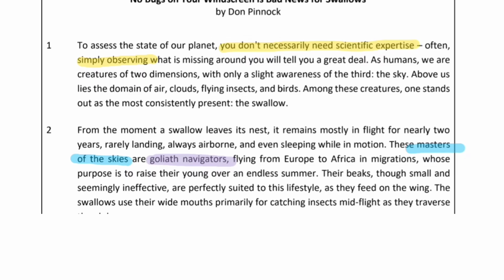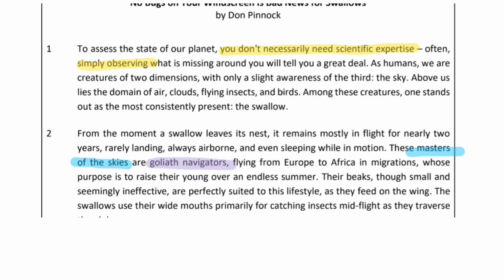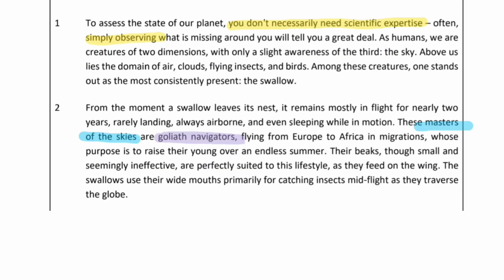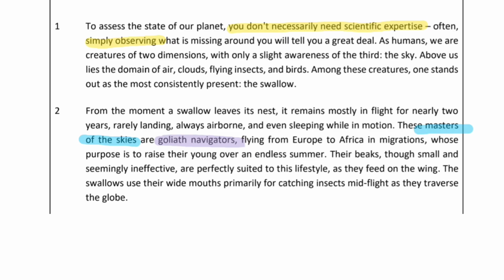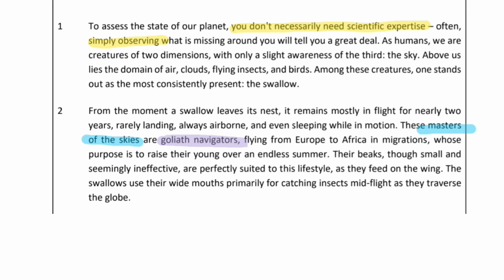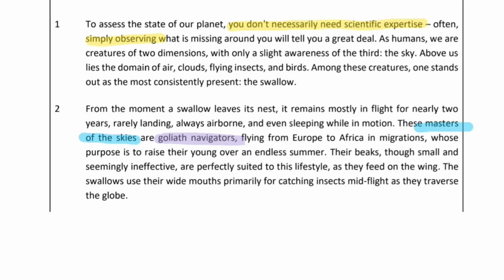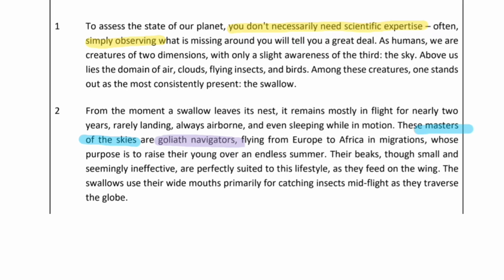Calling them Goliath navigators, the writer is depicting them as giants of the sky, that they have great dominance of the skies. The question restricted us to using diction only to try to explain how the writer wants us, the readers, to perceive the swallows. We can see that the writer wants us to perceive them as smart, highly knowledgeable, dominating, resilient, right?